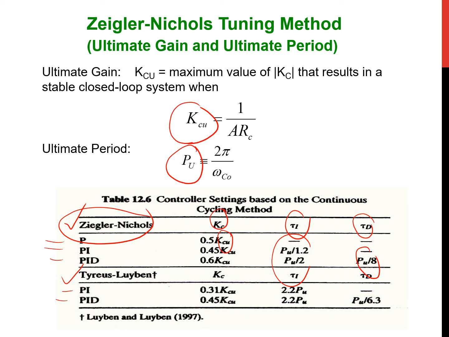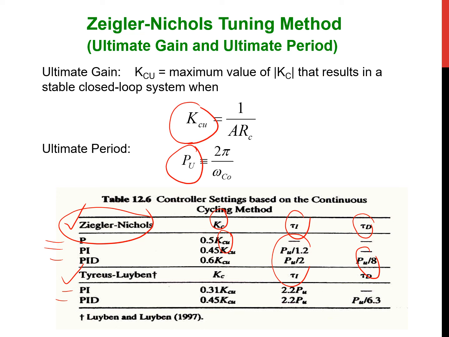In the previous example, the tuning methods were direct synthesis, internal model control, and integral time weighted absolute error, ITAE. Those are for the closed loop feedback system. This one is specifically for the frequency response. Don't mix up.